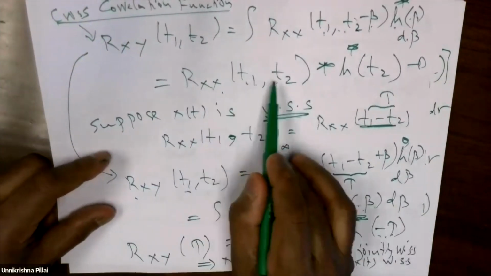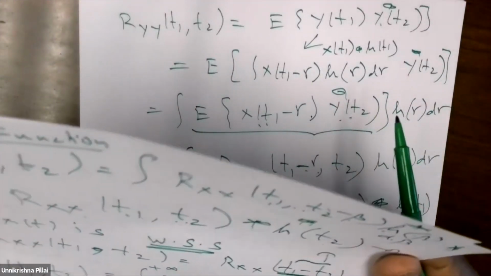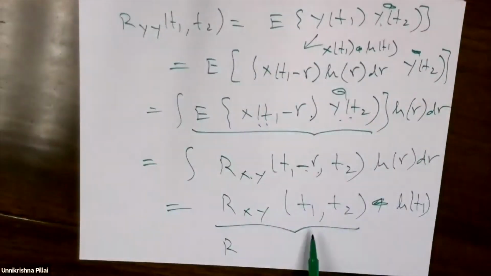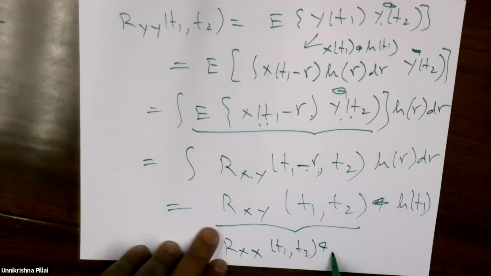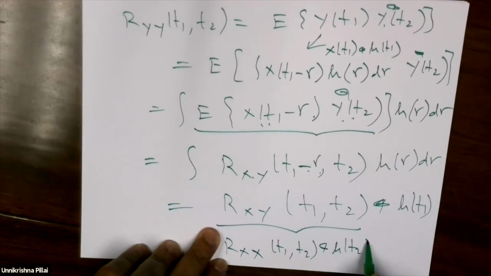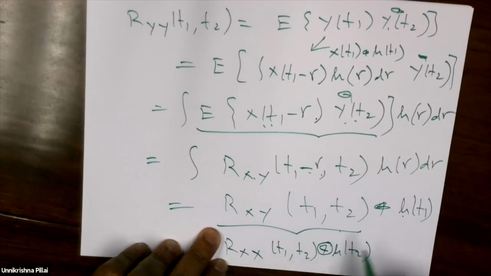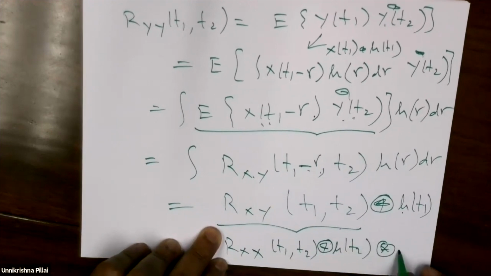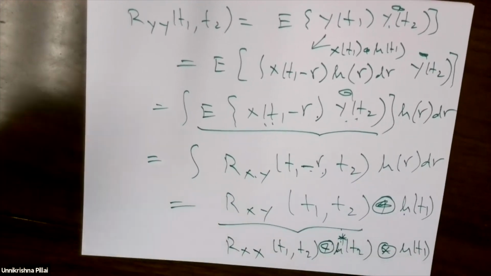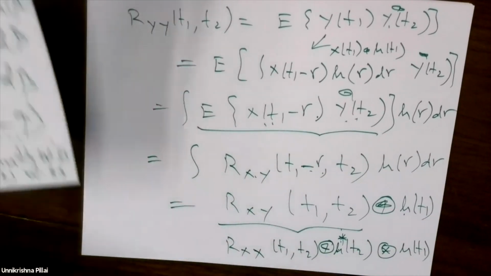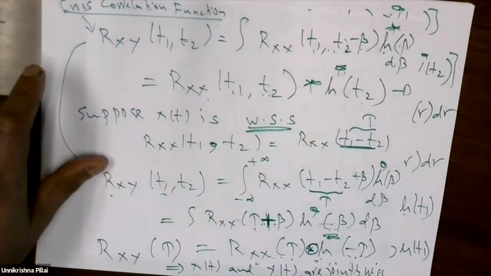Look at here, Rxx(t1, t2) convolved on the second variable. Another convolution on the first variable. So if you want, you can write it. I think there was a star here. This star is complex conjugate, right? Yeah, there was a star here.